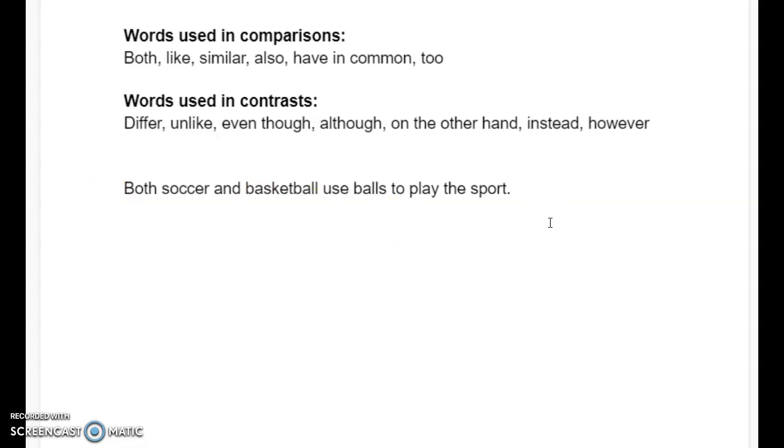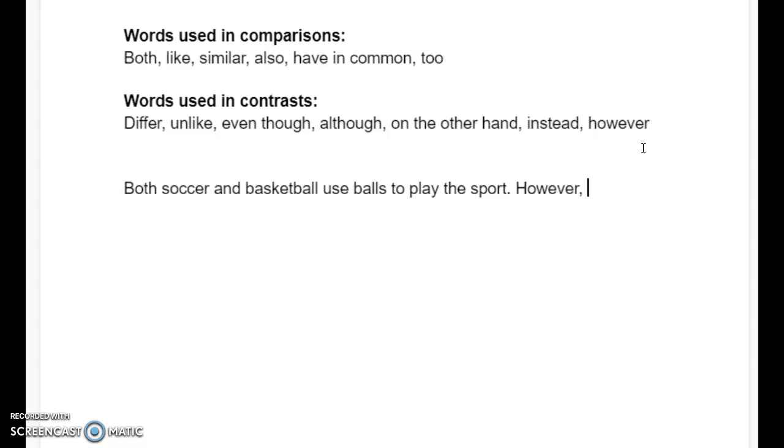Let's use a contrasting word. I think I can use two. I'm going to use this word. This is a great word to start a new sentence with when you're contrasting. However.